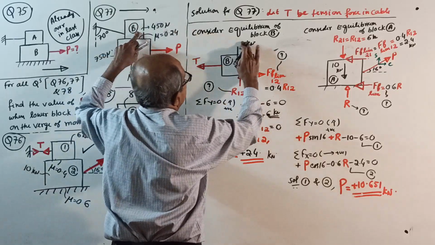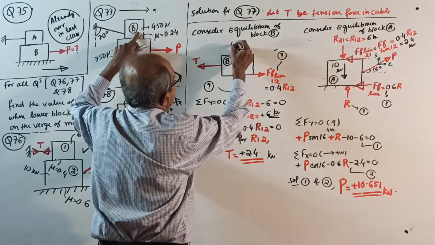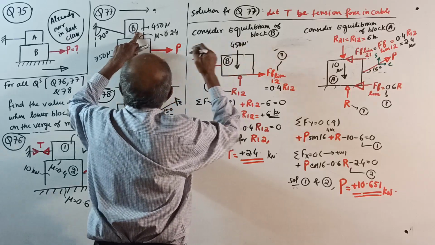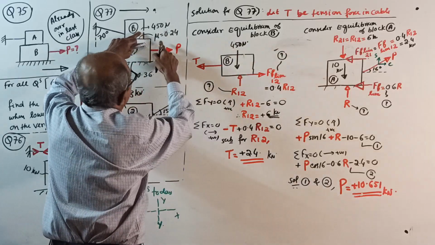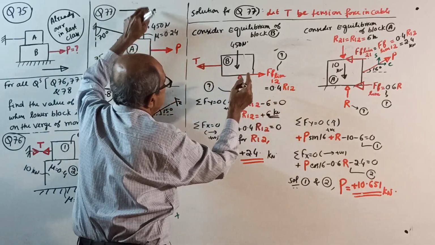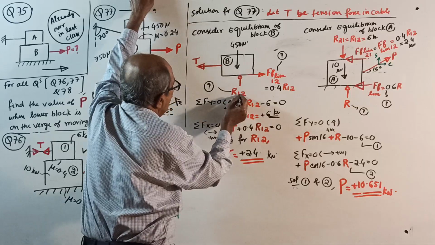Now, the upper block weight is how much? 450 Newton. Then this frictional force, be careful, this is not R12 now.